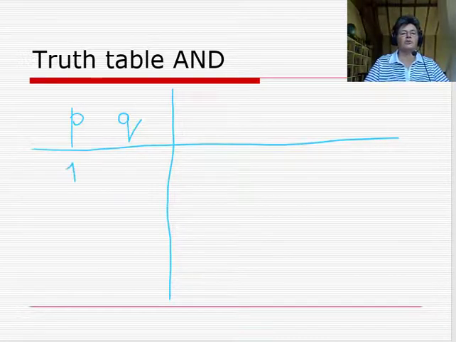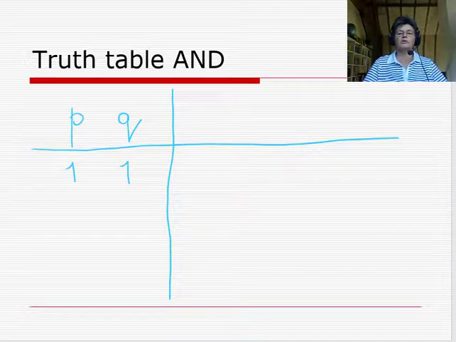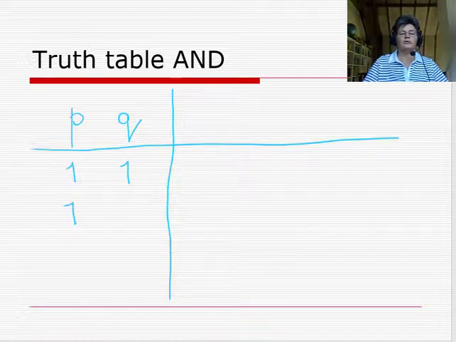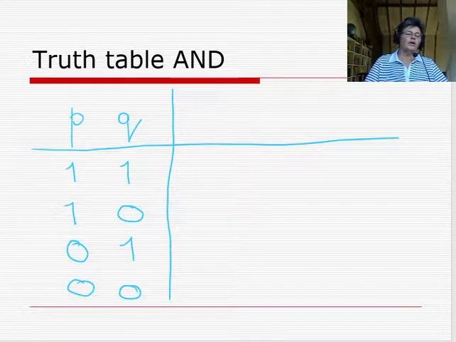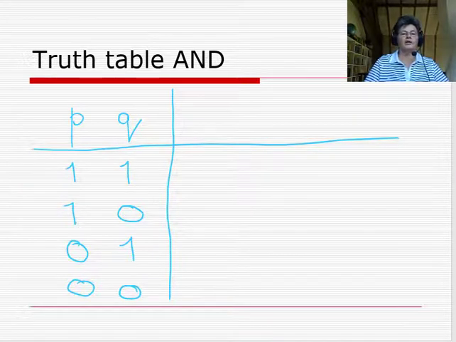So for instance, proposition P could be true and Q could be true, and then we'll normally write this with a 1. Or P could be true and Q could be false. Or P could be false and Q could be true, or both can be false. And so then we have all possible combinations.